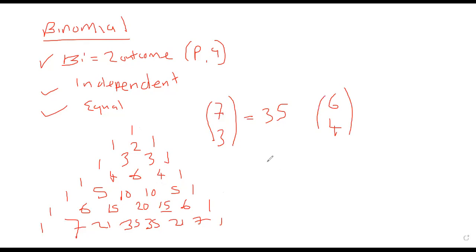Ask, what is 5 combination 3? 10. Great.